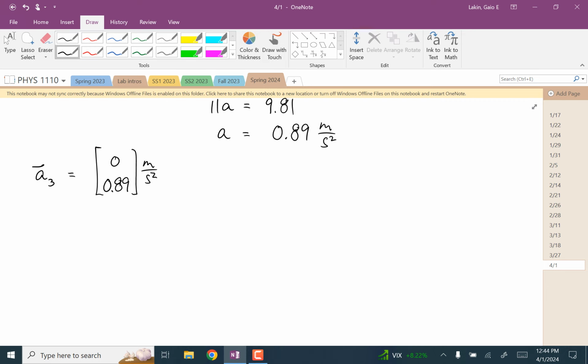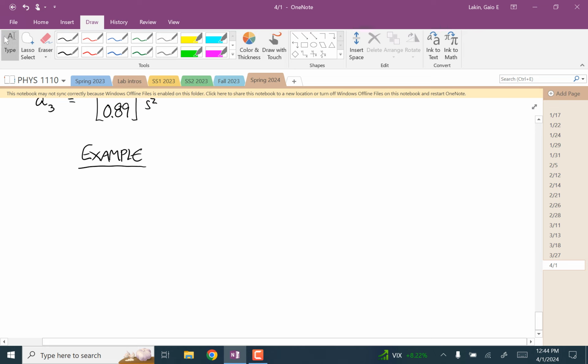Okay, the last example of this type that I want to do is one where we have an incline. So let's say we have a mass on an incline. Let's say this is 1 kilogram.